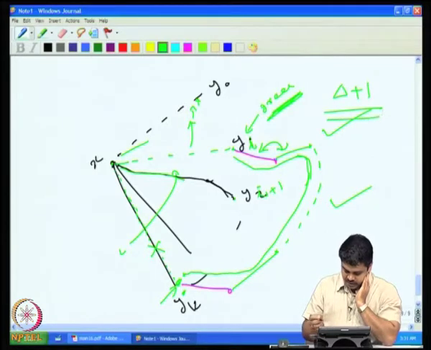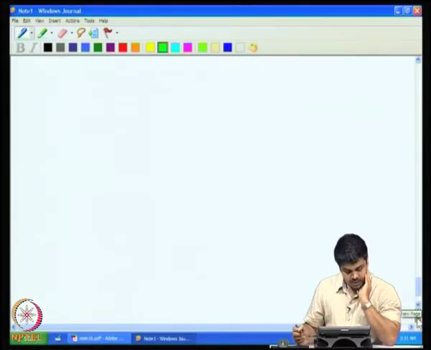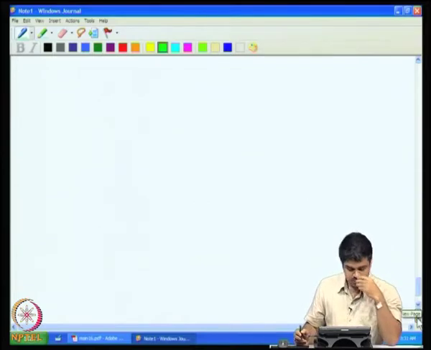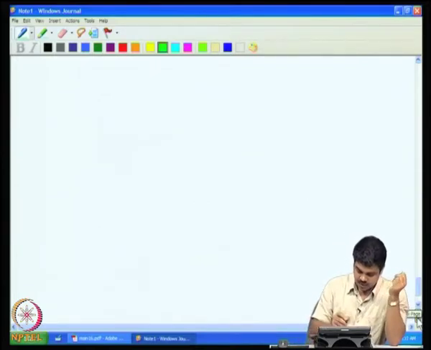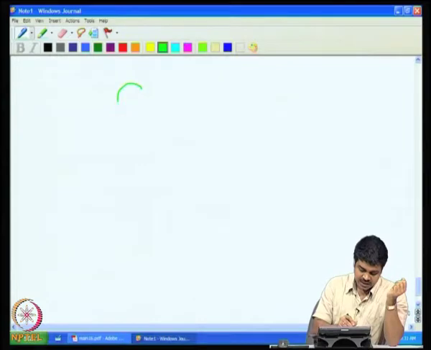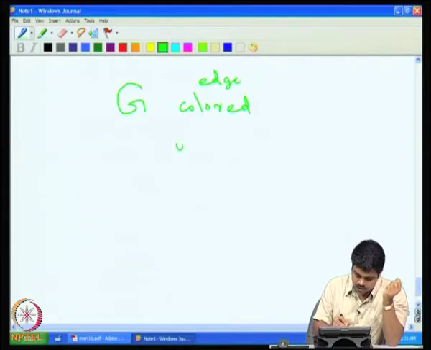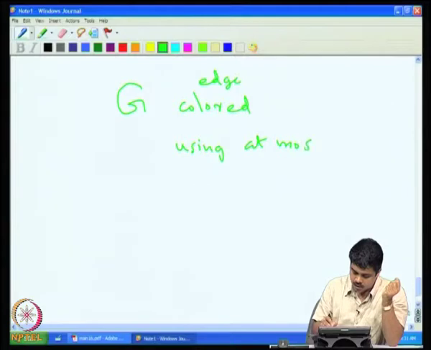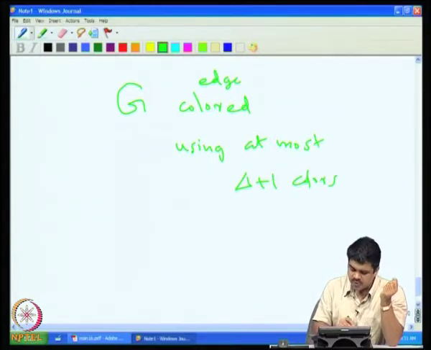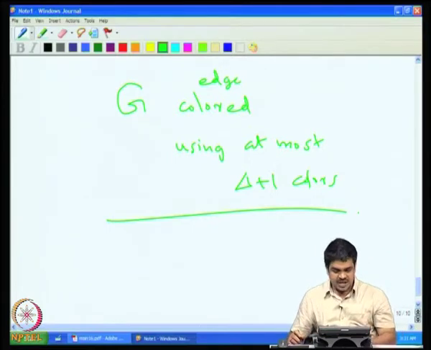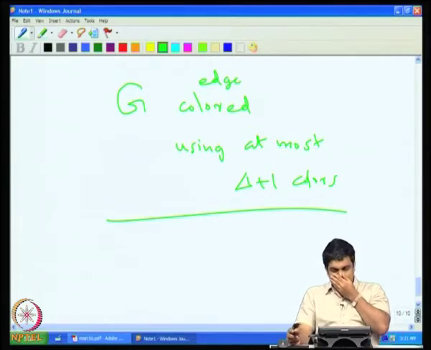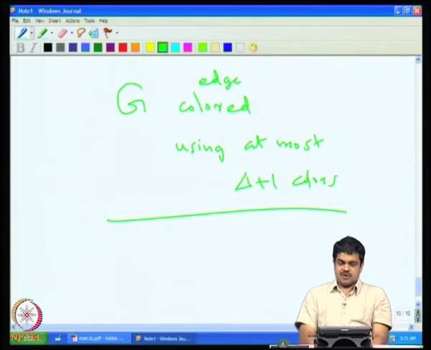Induction completes. What we have now done is the proof that any graph G can be edge colored using at most delta plus 1 colors. So we will leave edge coloring here, and now look at some other topics related to coloring.